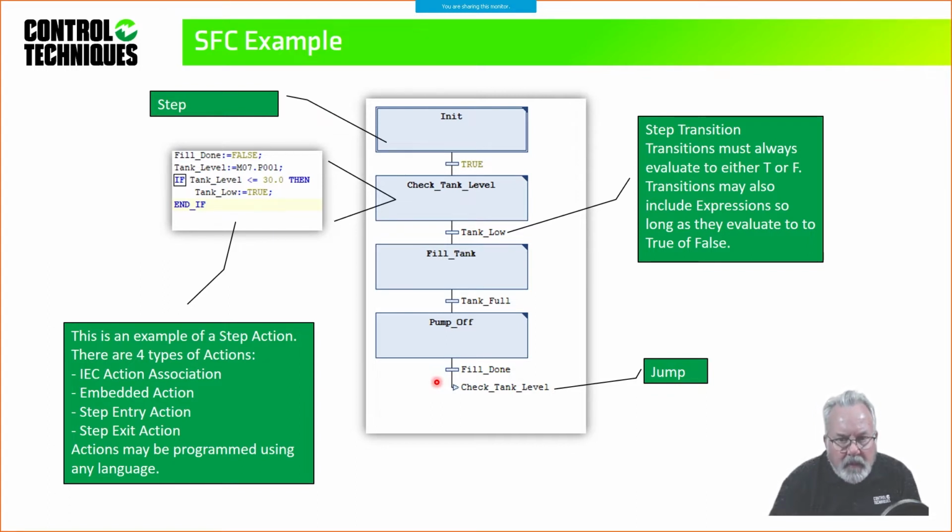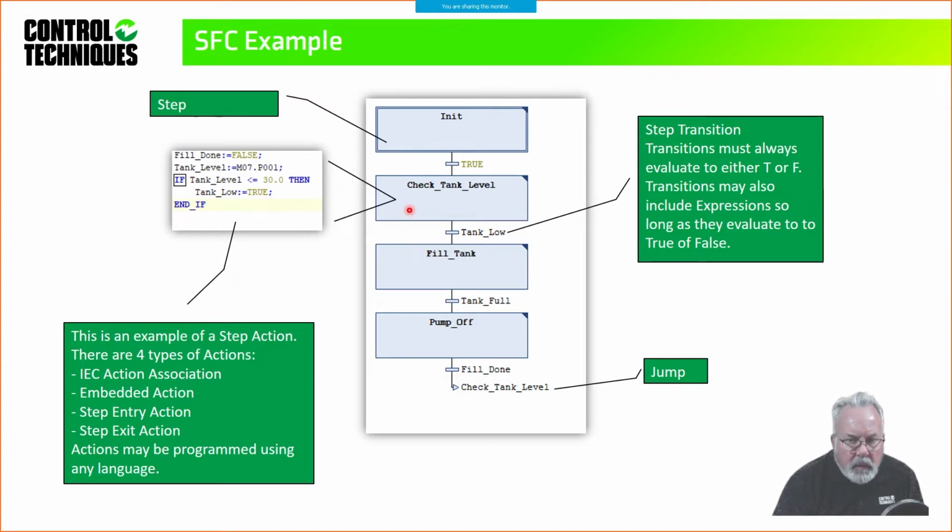Now within the step, and we're going to learn this, there's different types of actions. If you look in the right corner here of all these steps, actually, there's a little blue triangle, whatever you want to call it. That indicates that the step has step actions associated with it. So here is an example of a step action.